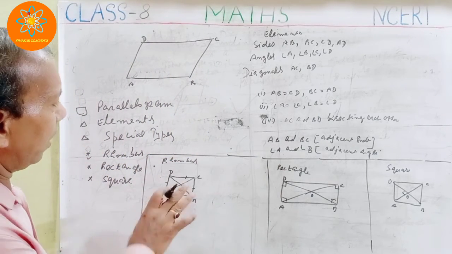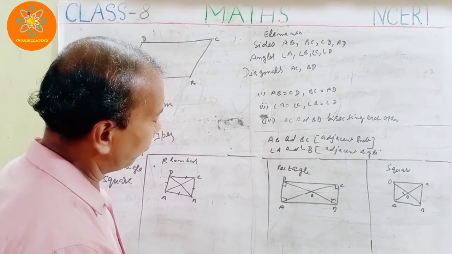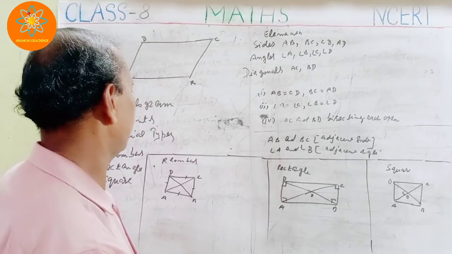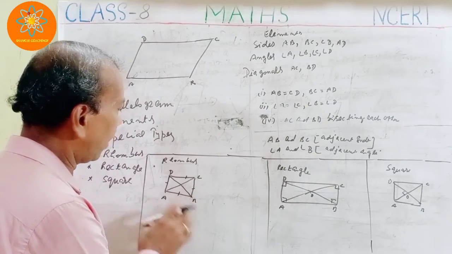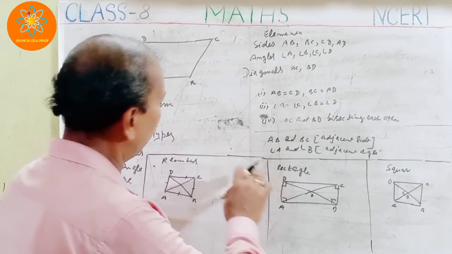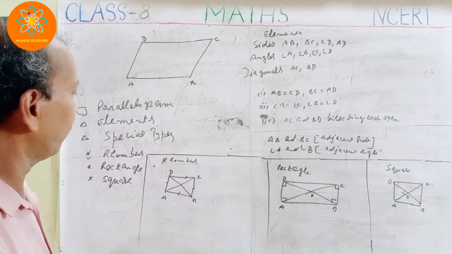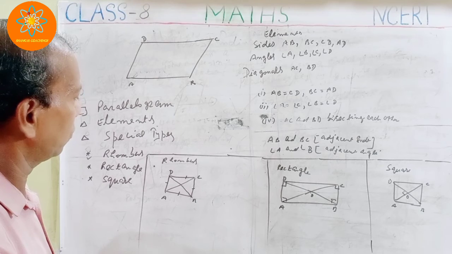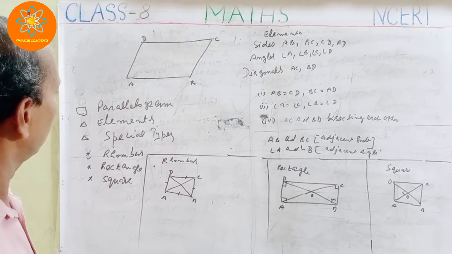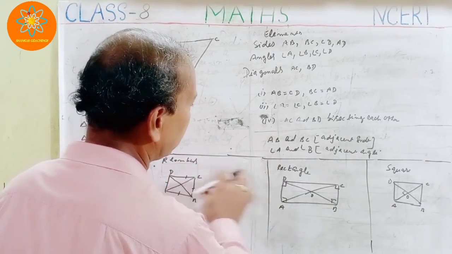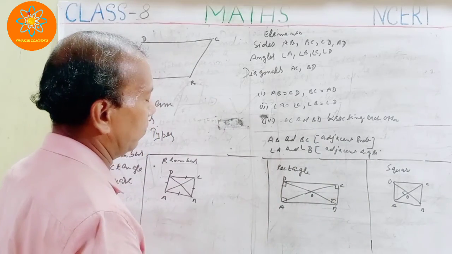So these all are special types of parallelogram, and besides all the properties of the parallelogram, we follow them in the rhombus, rectangle, and square. Besides that, we will see the diagonals also. So this is the rhombus, rectangle, and square, and these are the types of a parallelogram.